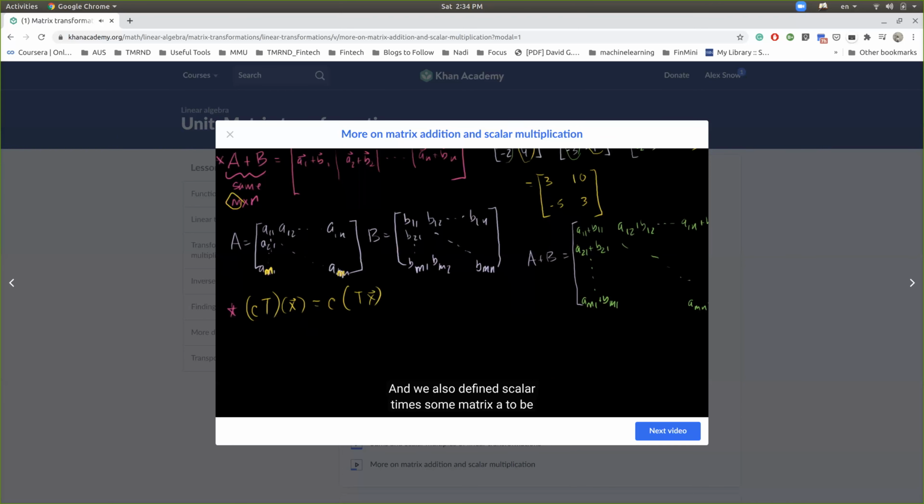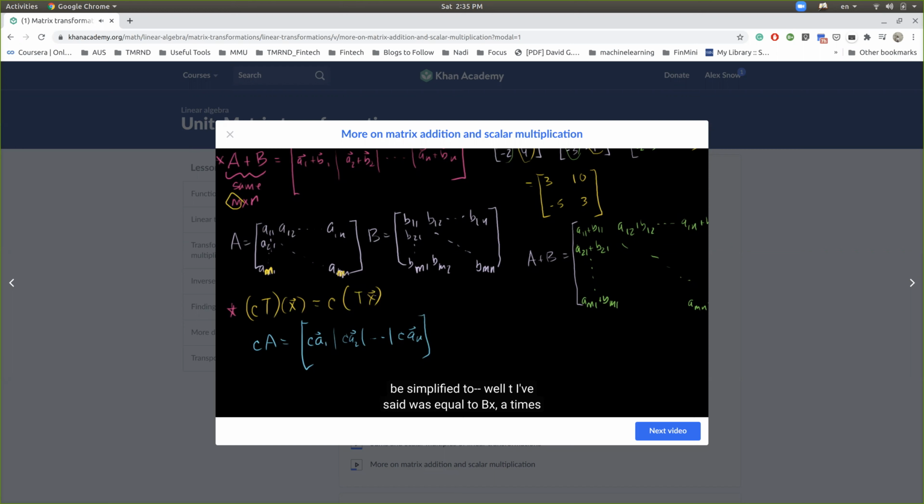And we also defined a scalar times some matrix A to be a new matrix where each of its columns is the scalar times the column vectors of A. So A1, and then the next column is CA2, and then you go all the way to CAN.